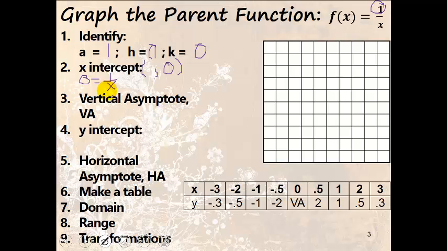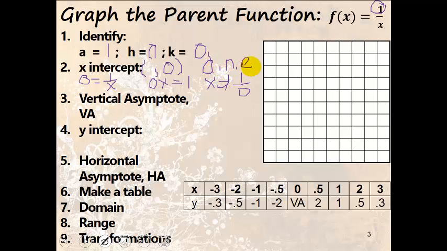If I cross multiply, I get 0x is equal to 1, right? And if I try to divide by 0, then I get a domain error. So x cannot equal 1 over 0. You can't do that, right? Another way of thinking of that is I'm never going to be able to multiply 0 by a number and have it equal 1, okay? So this is going to be does not exist, so we're going to use DNE.